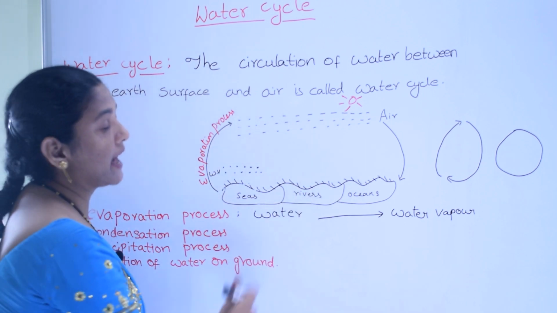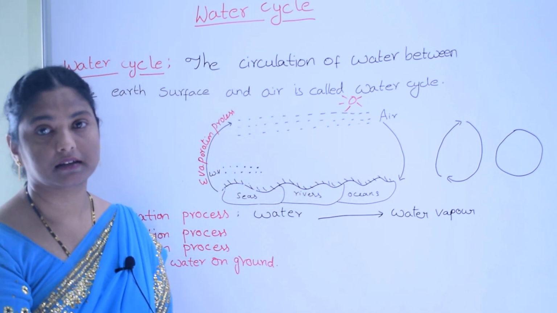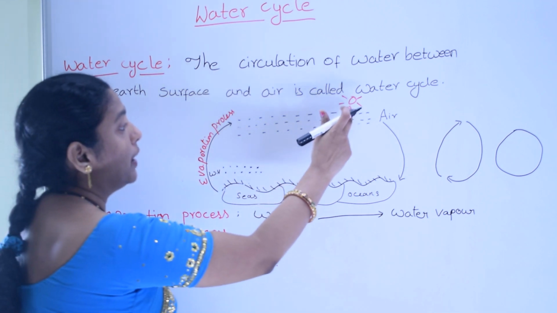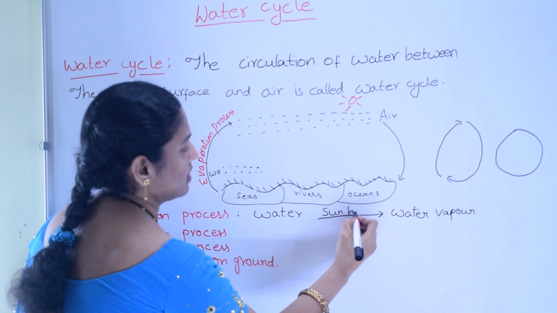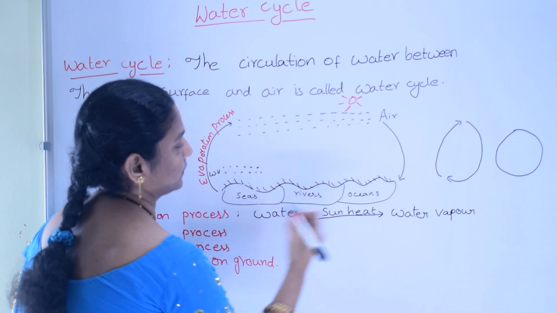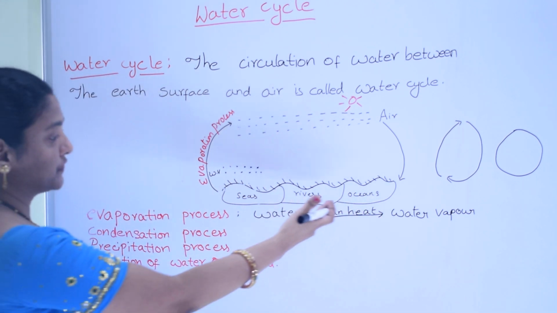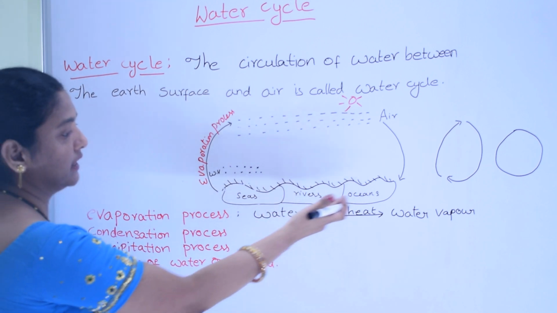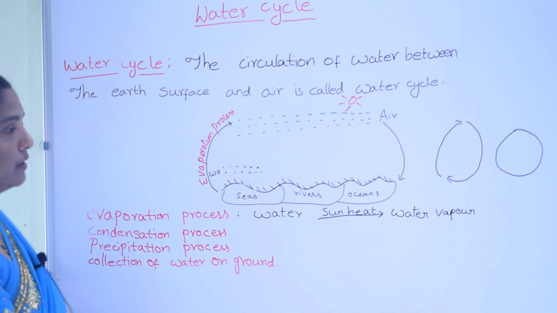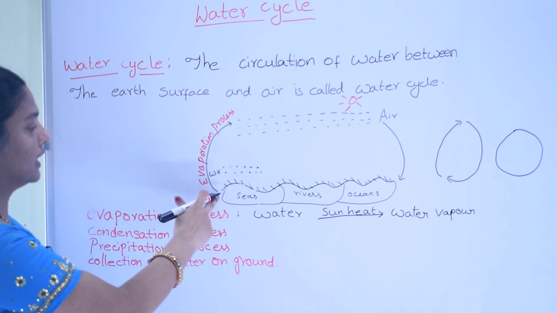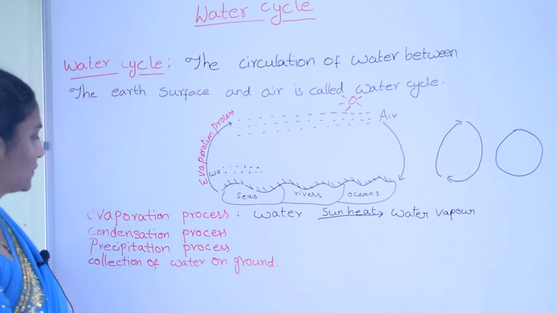On the top of the arrow mark, I am writing the reason why it is converted. Because of sun heat. So, because of sun heat, the conversion of water into water vapor is called evaporation process. So, here occurs evaporation process.